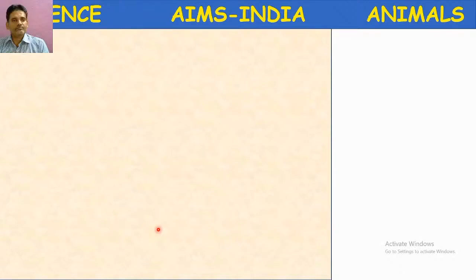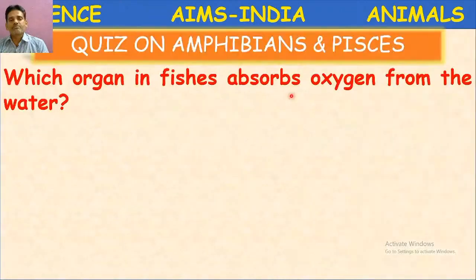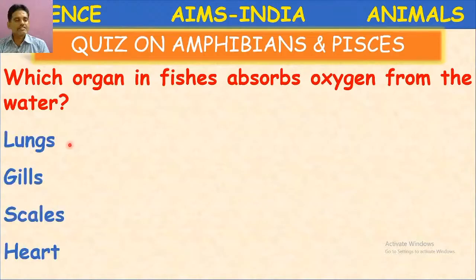which organ in fishes absorbs oxygen from the water? Lungs, gills, scales, heart. So among these, the two options you can find in the fish, gills and scales.